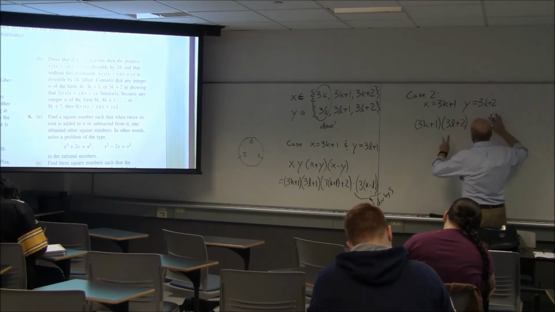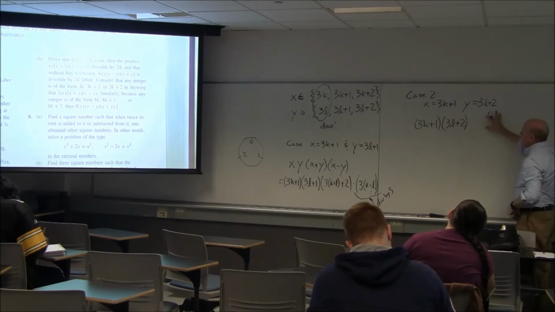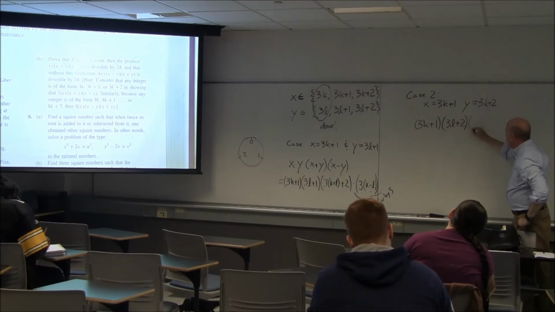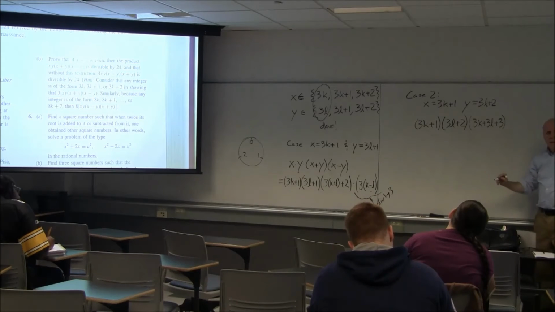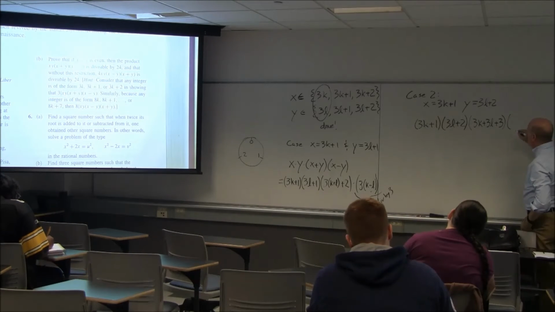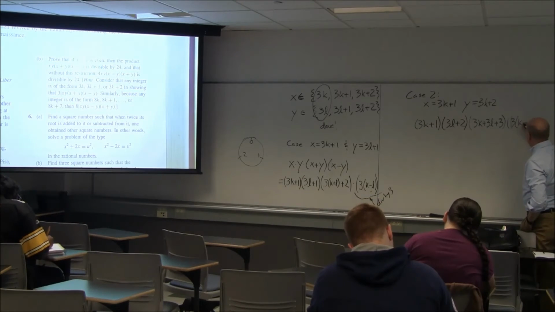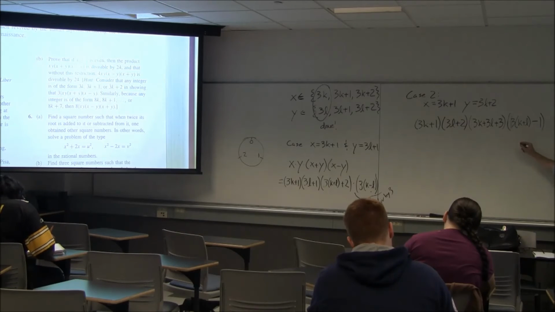Well, what do we get when we add them up? 3k plus 3l plus 3. Let's factor out the 3. Every term has a 3 in it, so that's divisible by 3. And then the last thing would be 3 times k plus l minus 1. Well, anyway, not divisible by 3. But this guy is.